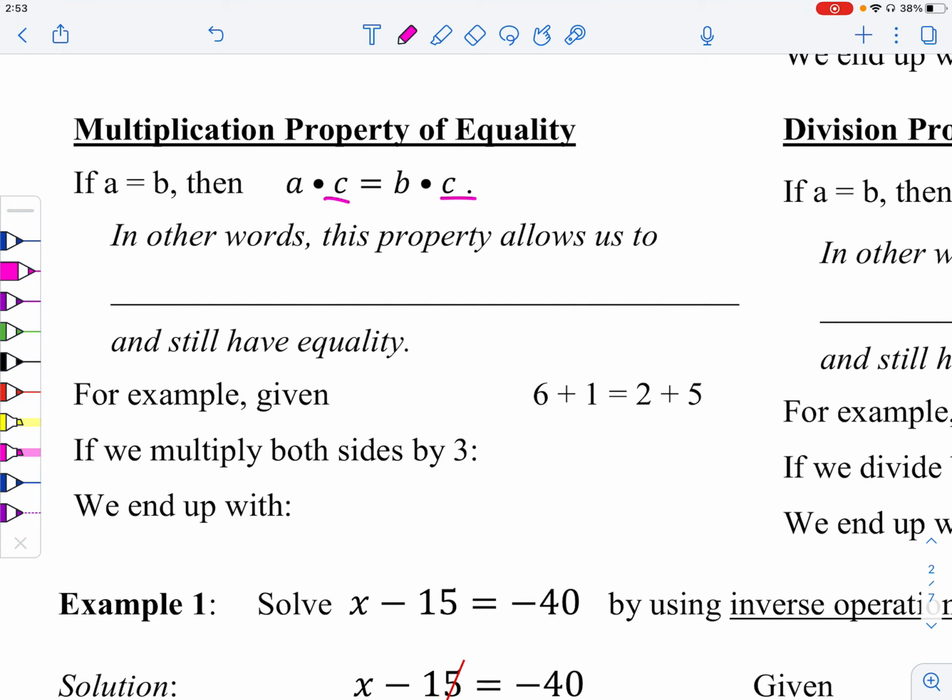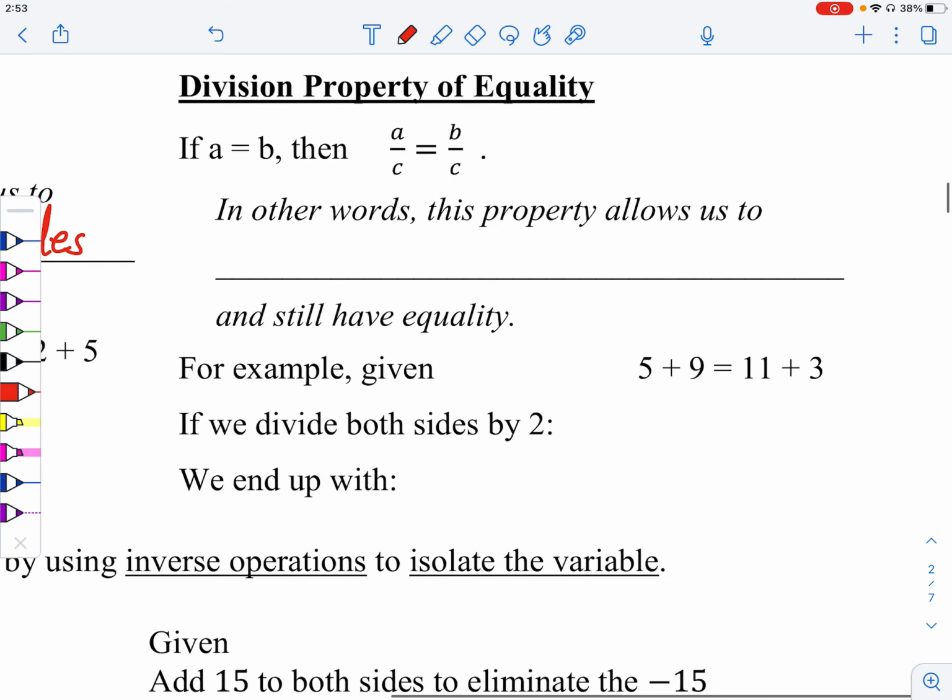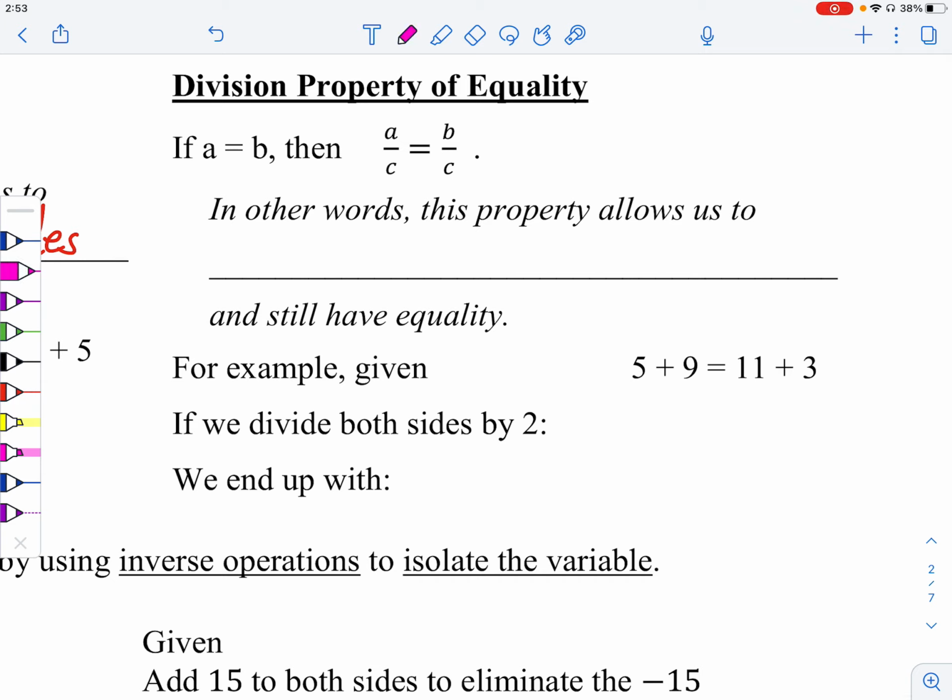And then we can do multiplication. Same thing: if we multiply a value to both sides, we will still have equality. Same with division. If we divide a number to both sides, it will still be equal.